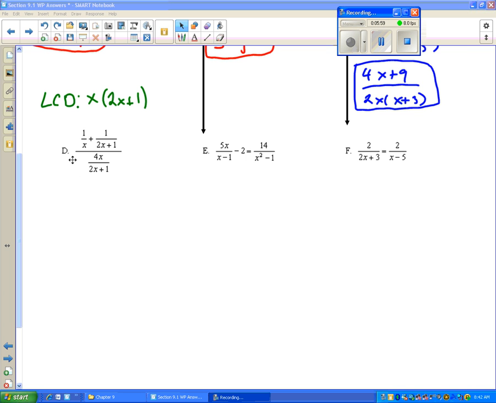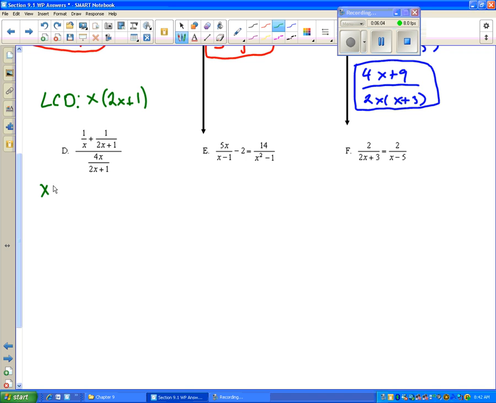All right, so here we go. For the first one, I'm going to multiply my LCD, x, times 2x plus 1, times my numerator, 1 over x, plus 1 over 2x plus 1, divide by 4x over 2x plus 1. We continue. Remember, this is two terms, so I need to make sure I distribute into this.